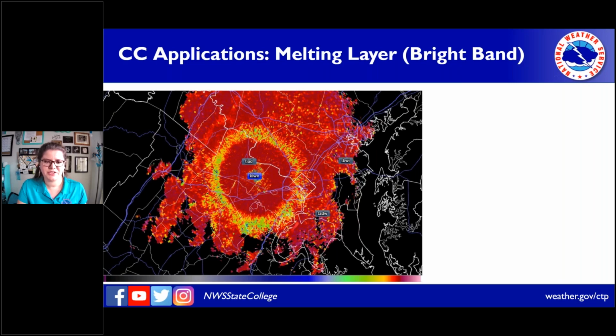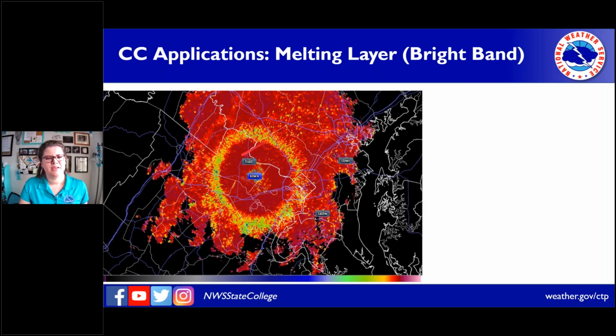So our correlation coefficient is lowered. And then as we get even lower, now everything has turned to rain because it's all melted. So now everything has turned to rain, it's all the same, and then our correlation coefficient goes back up to 1.